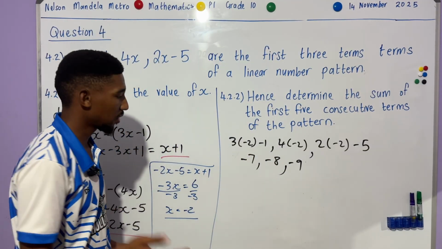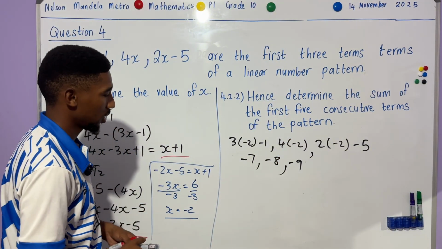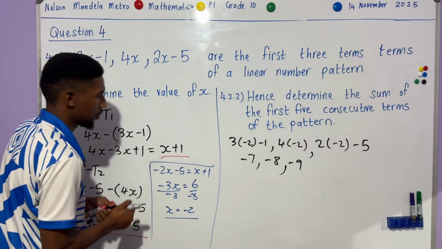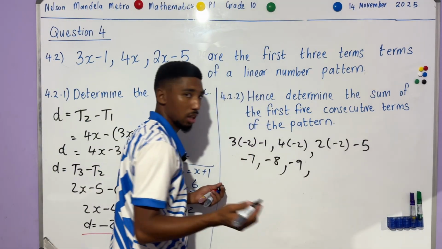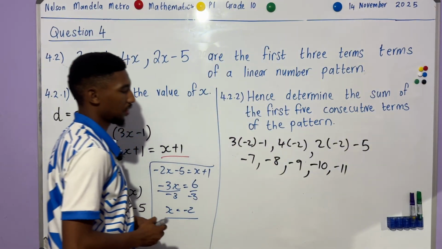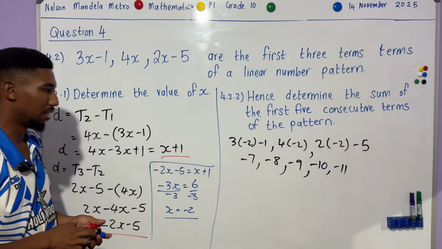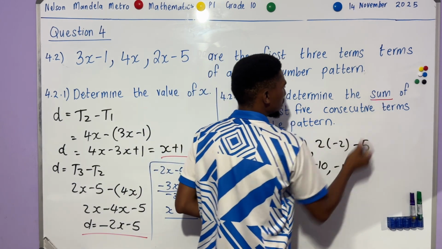We need to do the first 5, so we are missing the fourth and the fifth term in this pattern. Now, since I know it's a linear number pattern, I know that the next term is minus 10, and then the fifth term is minus 11. Now, remember the question wants us to do the sum.